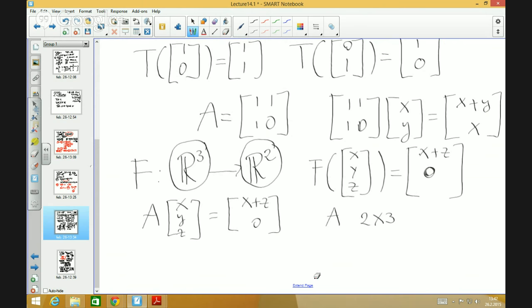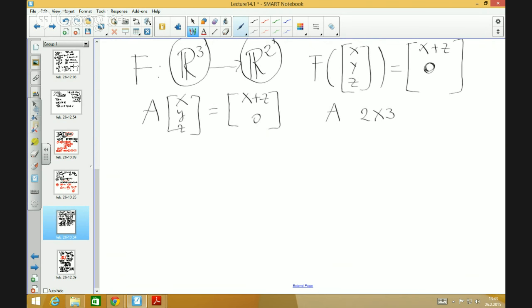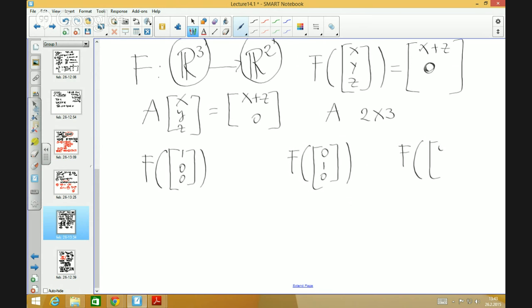So what is this matrix? Okay, so what we need to do is to ask ourselves, what does f do to each one of the columns of the identity matrix of size 3? And these will be the 3 columns of the matrix A we are looking for.